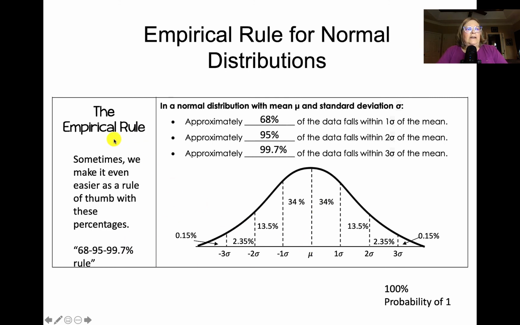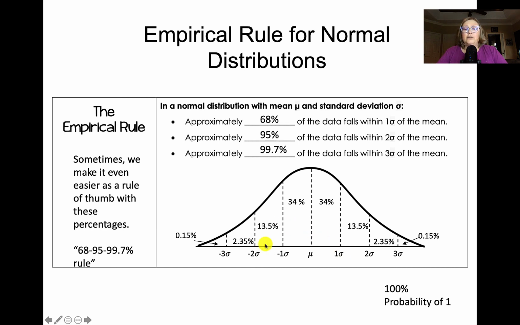The last thing is what the empirical rule actually says. It's sometimes called the 68, 95, 99.7 rule. That tells you that 68% of all the data, or 0.68 of the probability, falls between -1 standard deviation from the mean and +1 standard deviation from the mean.